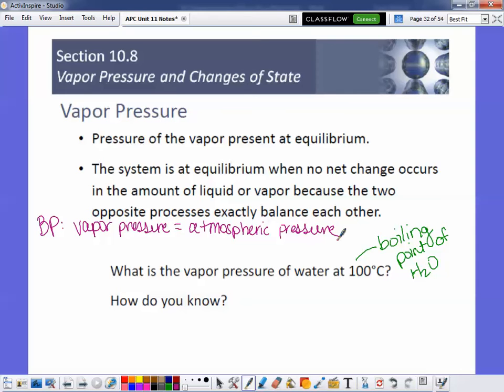So at 100 degrees Celsius, the water is boiling, and therefore its vapor pressure matches the atmospheric pressure, because we increased the vapor pressure by heating it up. Pressure and temperature are all interrelated. So the vapor pressure of water at 100 degrees Celsius would be whatever the atmospheric pressure is, which typically is around 1 atmosphere. And we know because of this.